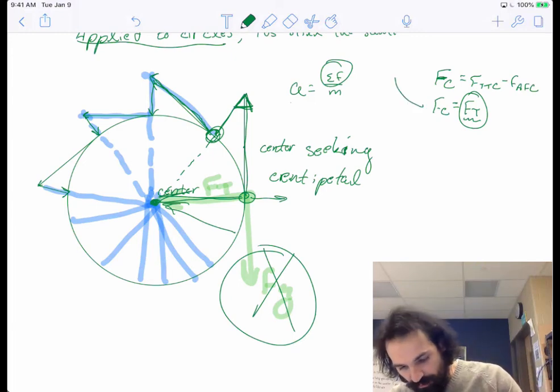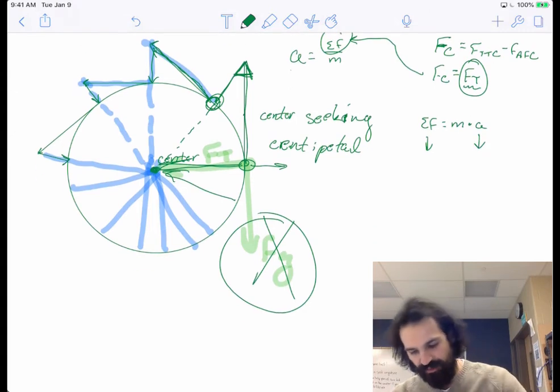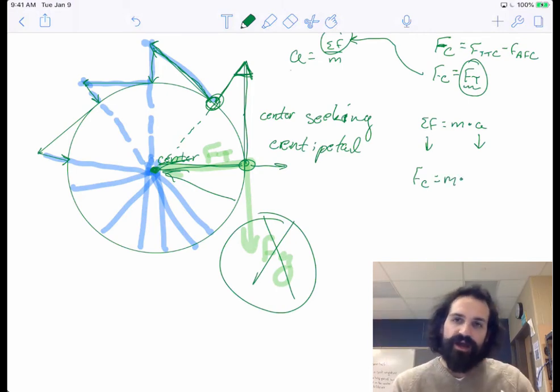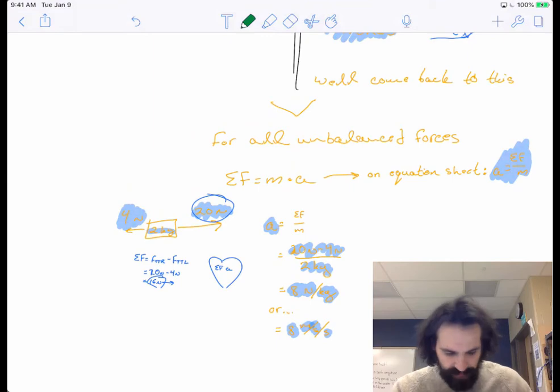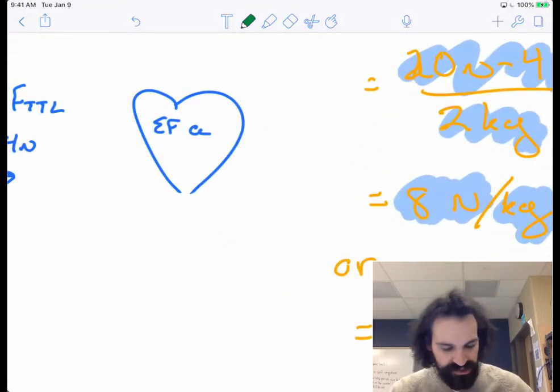So hopefully now we've figured out the net force in this equation. And I'm going to rewrite this equation where net force equals mass times acceleration, and we're going to rewrite it in terms of center-seeking centripetal, where your centripetal force is equal to the mass times, well, hang on, didn't we say that the net force and acceleration are always pointed in the same direction?